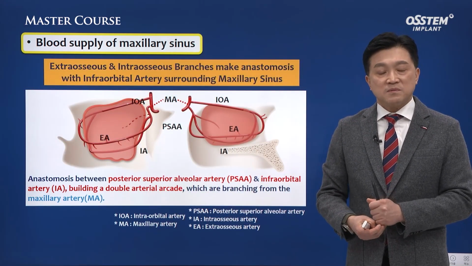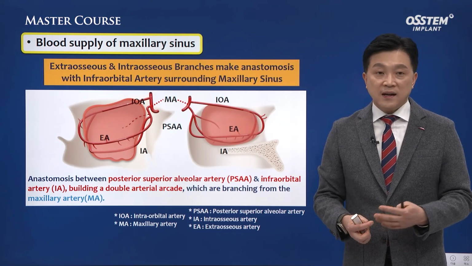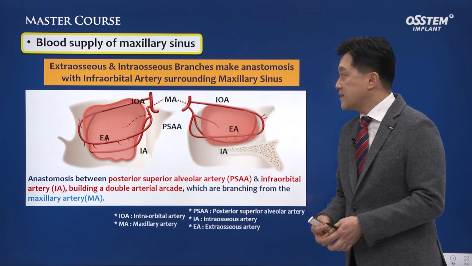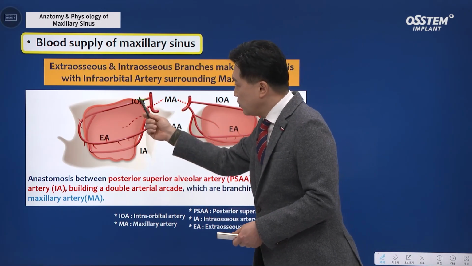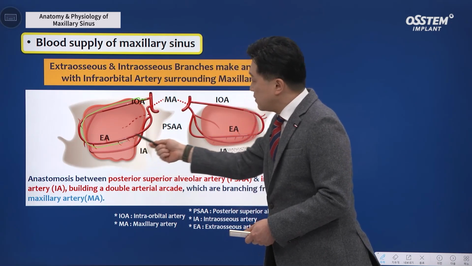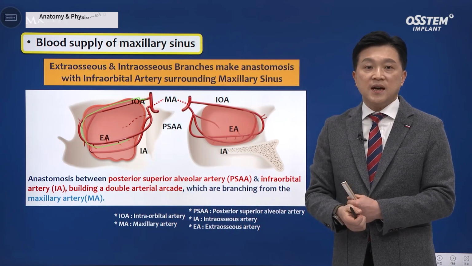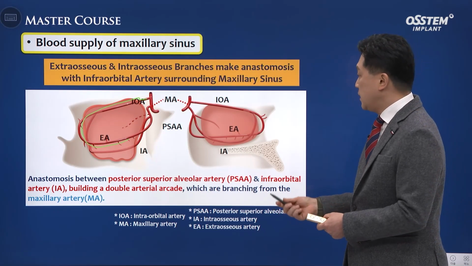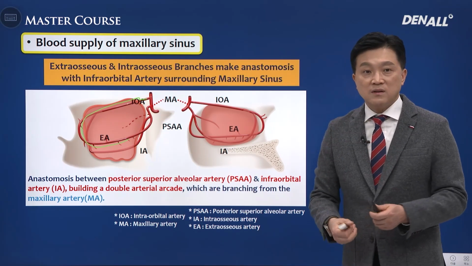These arteries are in charge of blood supply for sinus. I'm sure you've heard of it in other lectures, but what is very important in arterial blood supply to sinus is that there is anastomosis between posterior superior alveolar artery and infraorbital artery. There's extraosseous and intraosseous anastomosis around the sinus.